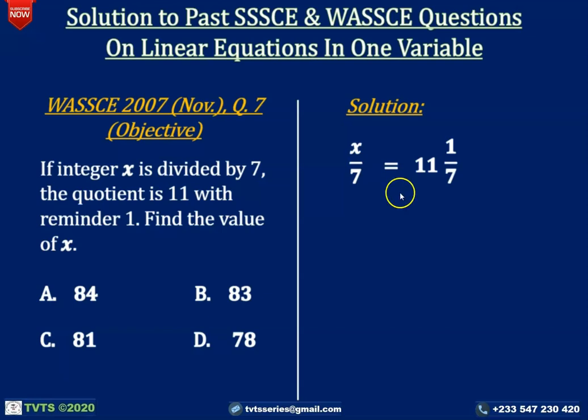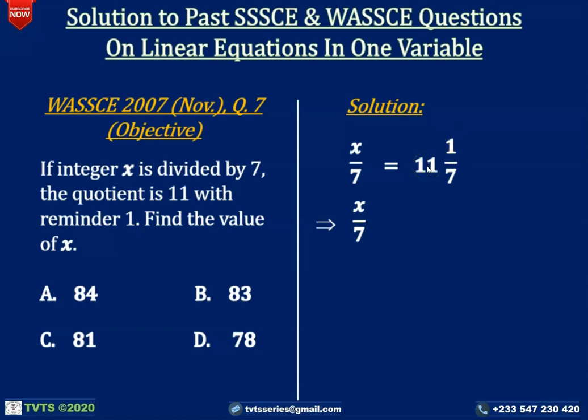To be able to solve this equation, let's first convert the mixed fraction 11 whole number 1 over 7 into an improper fraction. So we have x over 7 here, and we change the mixed fraction to improper fraction by first multiplying 7 by 11, which is 77, and adding 1 to the result, which is 78.